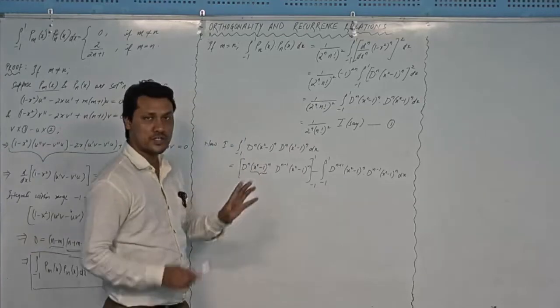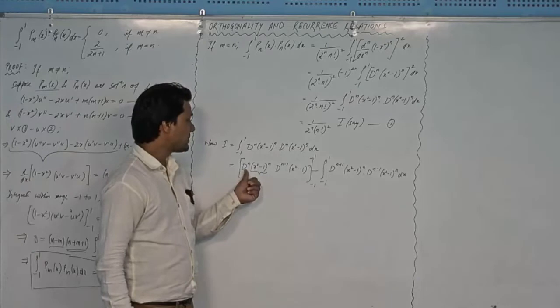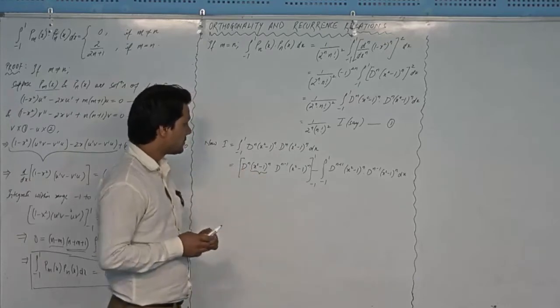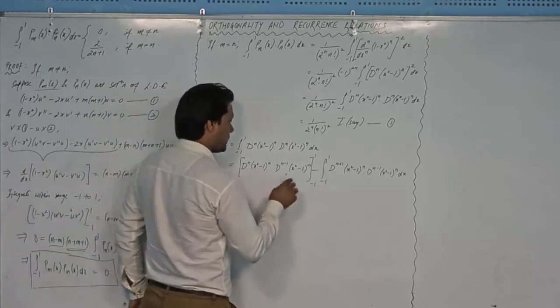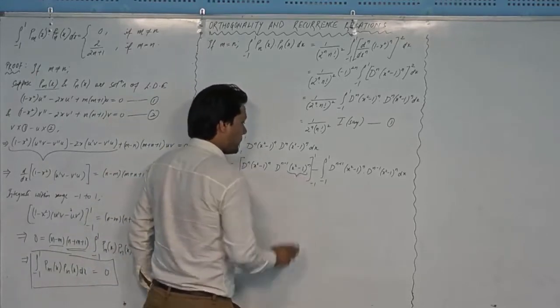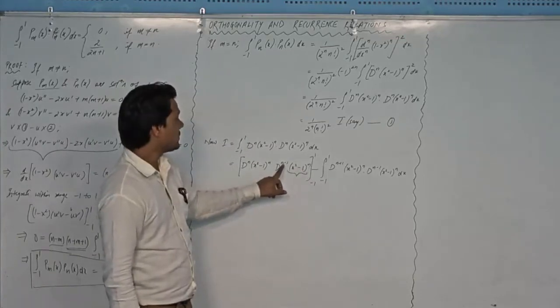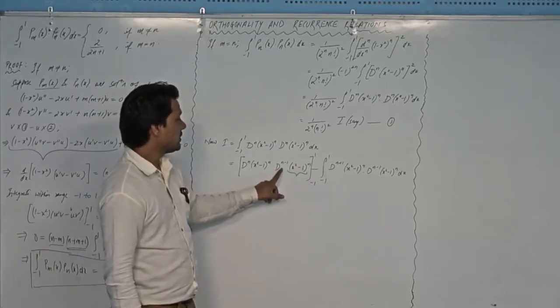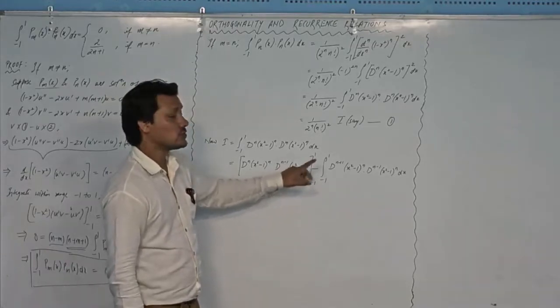And you are differentiating it how many times? n times, right. Or you just leave it, you focus on this thing. This is a polynomial of degree 2n, and this is of degree n minus 1, which is of course less than 2n, right.